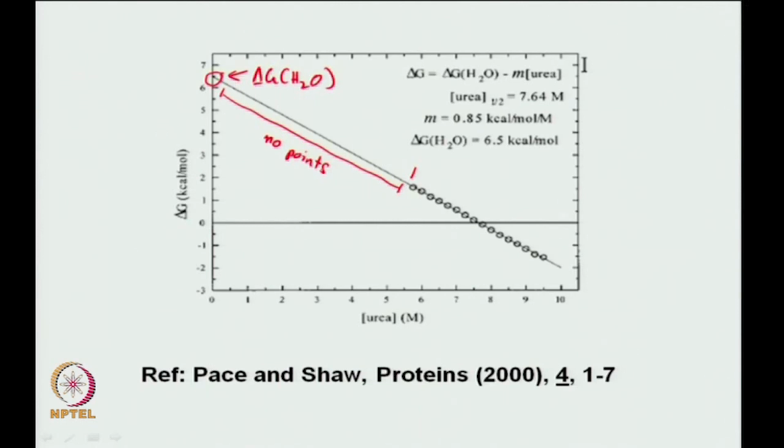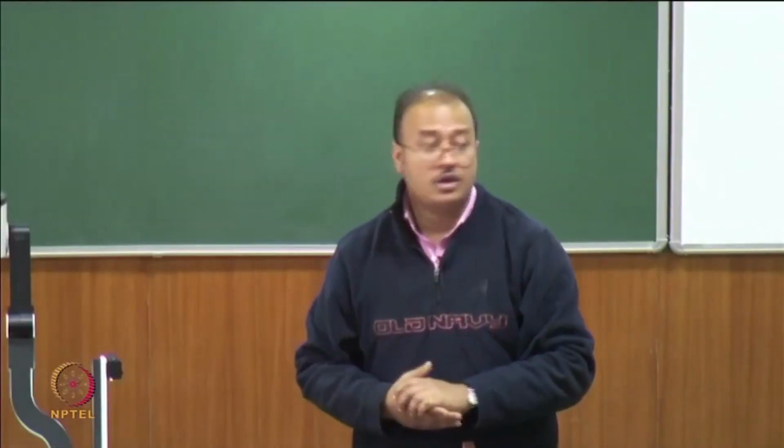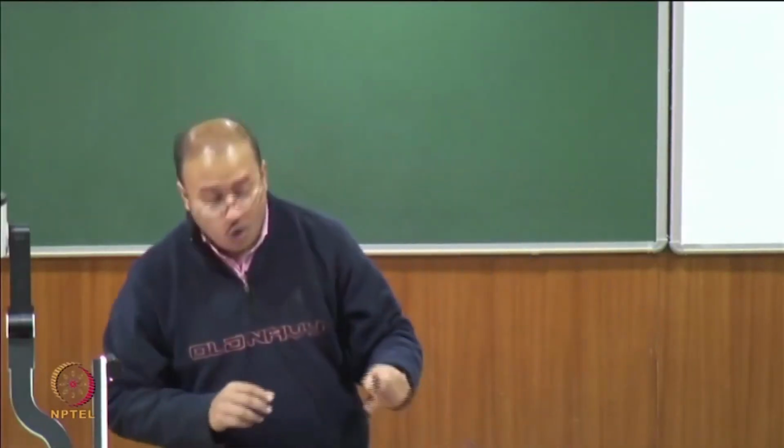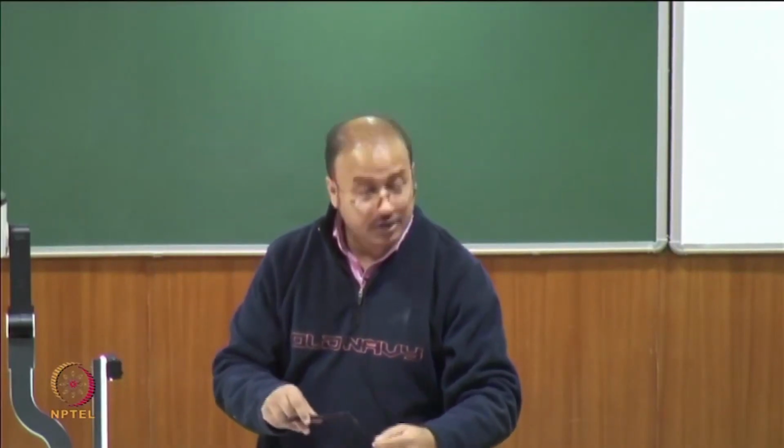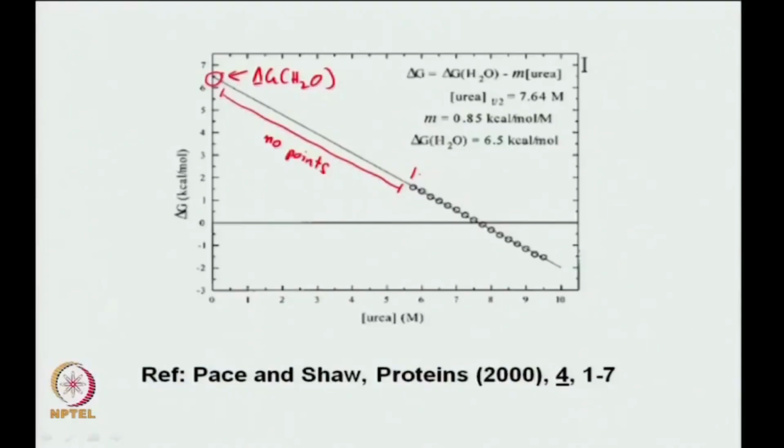We are not able to calculate delta G, especially for this protein. Why? Because under these conditions your protein is not necessarily showing much of a change in its signal, because you do not have enough of the denatured state present. So, the only region you are really focusing on is this one.